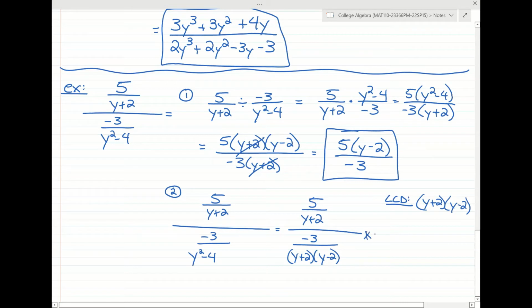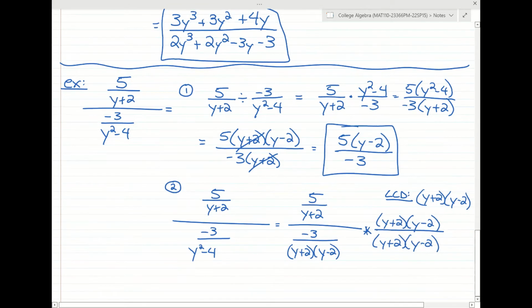If we were to multiply by y plus 2 times y minus 2 on the top and bottom, let's see what that would look like.